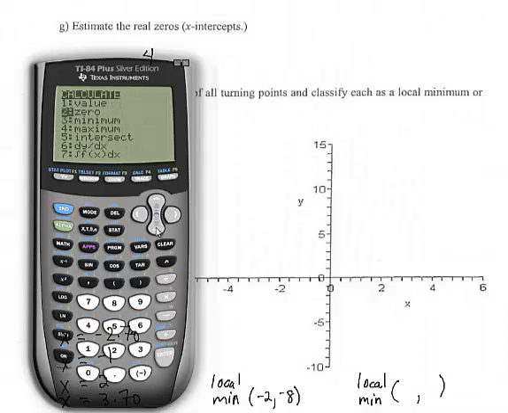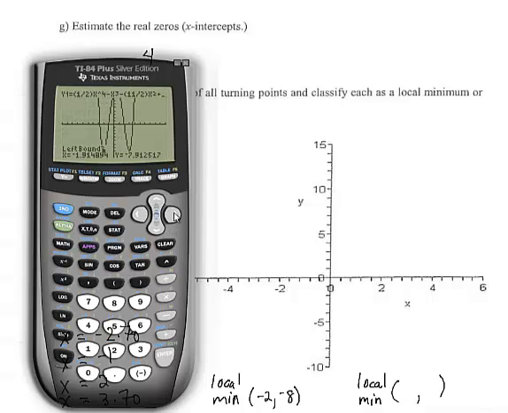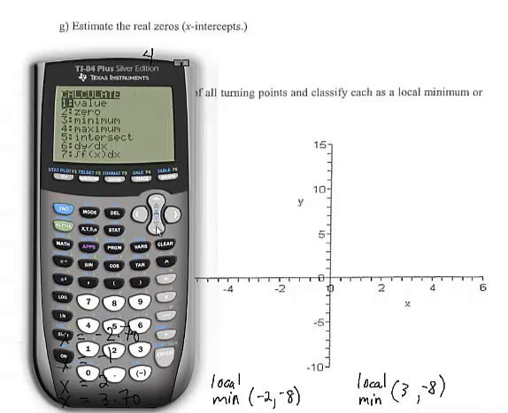Again, second calculate minimum. We arrow over to the right until our cursor is just left of the last minimum. Then we arrow to the right and hit enter a second time and a third time, and we get 3, -8. So it appears that both local minimums drop down to a y value of -8. Now we need to find our local max. So make sure that on the calculate menu you select maximum.